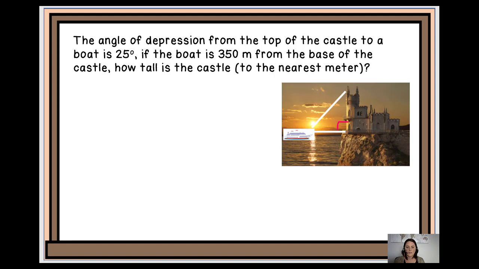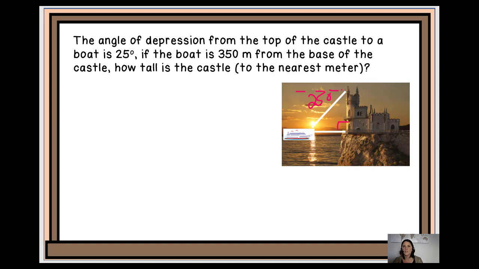Okay, so let's go ahead and label the information that we know. So the angle of depression from the top of the castle to the boat is 25 degrees. So if I kind of imagine the horizontal line there, that angle inside the horizontal to the triangle is the 25 degrees. So we need to figure out the angle that's inside the triangle.